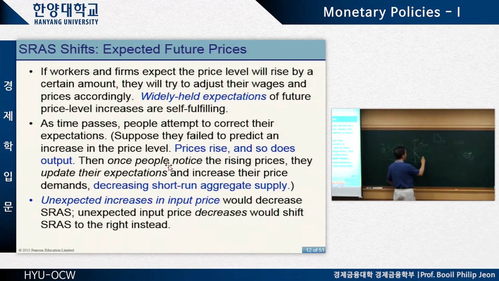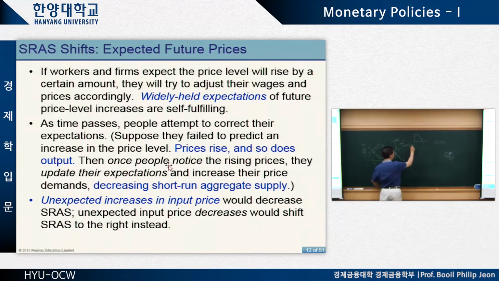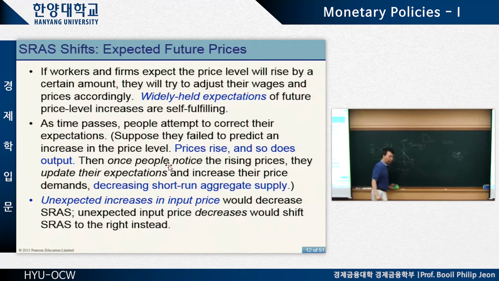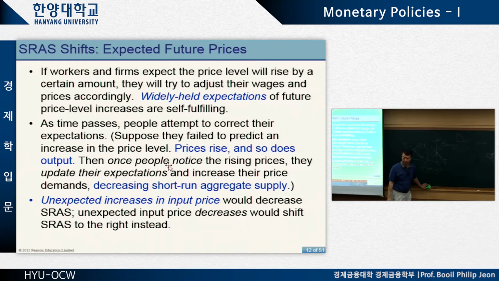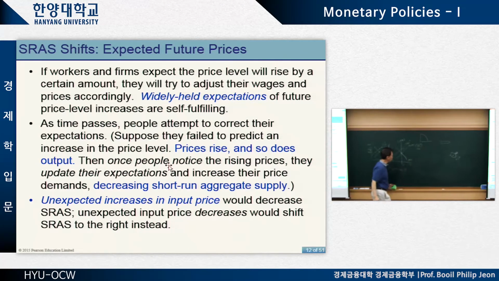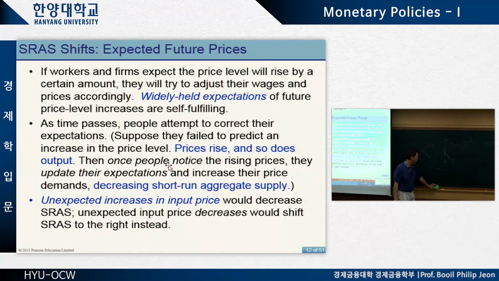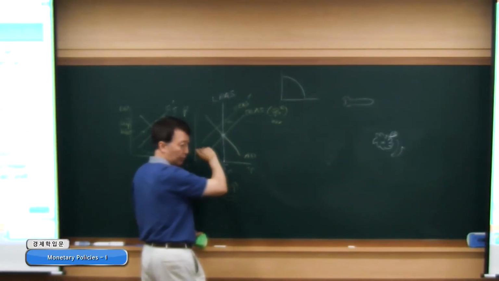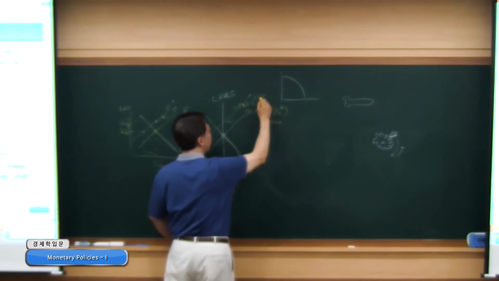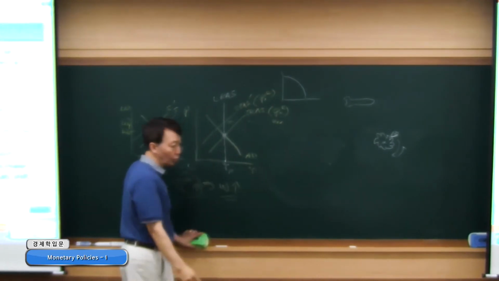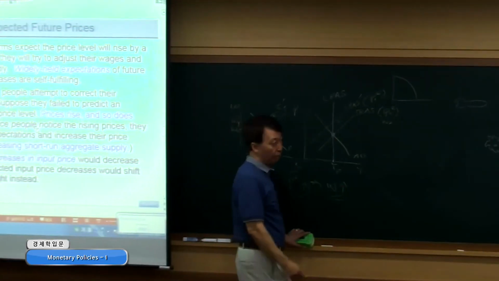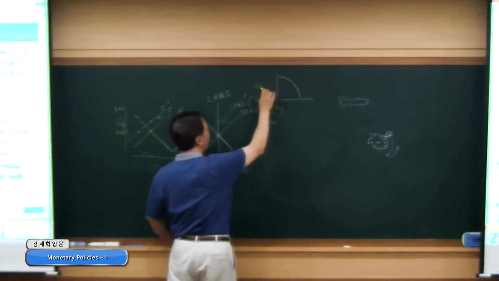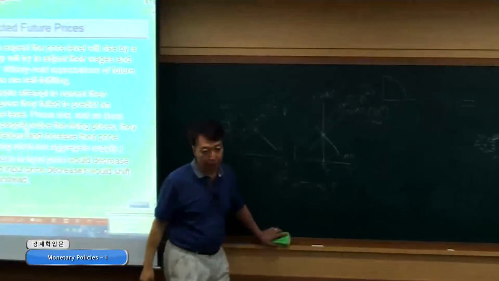This is the short-run aggregate supply at the initial price expectation and the initial wage level. And this new short-run aggregate supply, you can write as the price based on the new price expectation, or based on the new wages, W1.